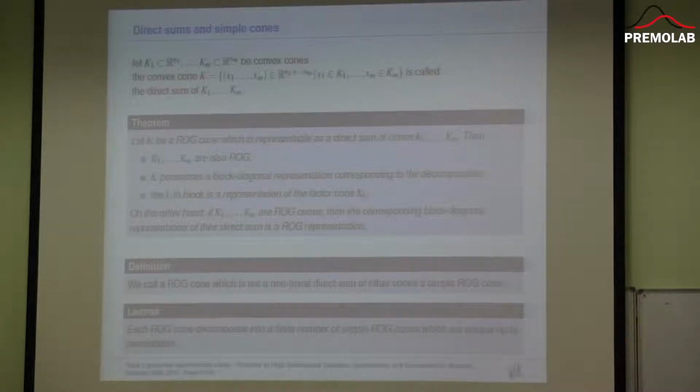And since the decomposition of a convex cone into factors just as an abstract set is unique up to permutation, this will also be true for the rank 1 generated spectrahedral cones. So we may essentially restrict ourselves to the study of simple cones.